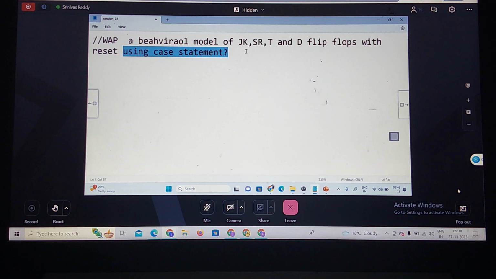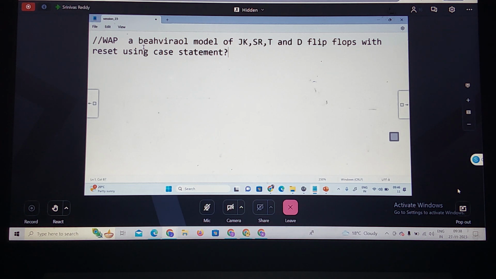How to do this? What is the logic? The one more input to this flip-flop is reset. When reset is equal to 1, you decide that Q becomes 0. When reset is equal to 0, then what you should do? It works like a flip-flop.